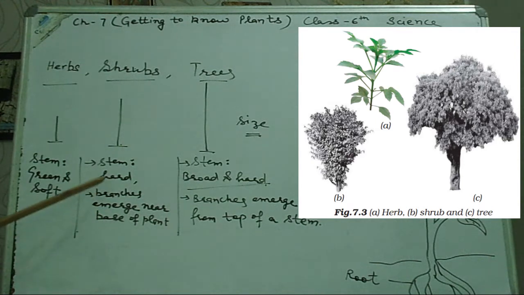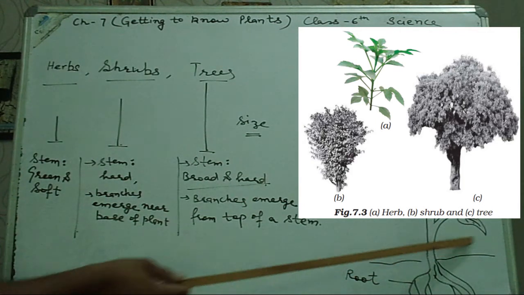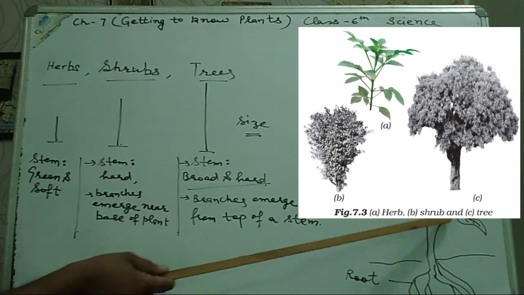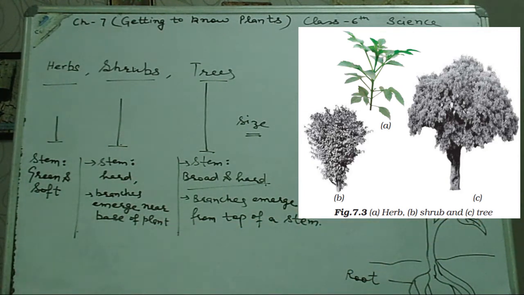Its stem is hard and its branches try to emerge from the bottom. Branches emerge from the bottom, not from the height. So that's why this category is considered as shrub. Branches emerge near the base of the plant.